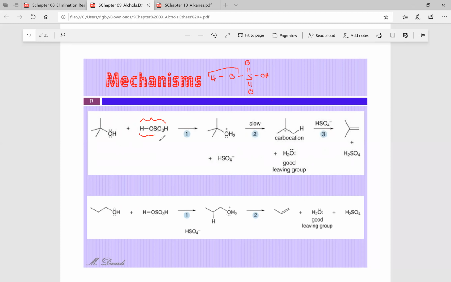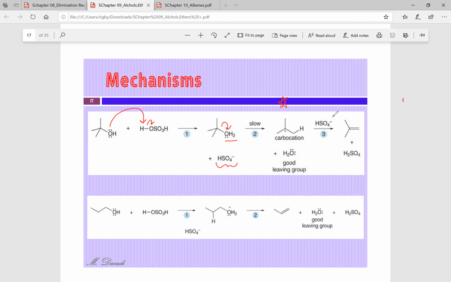So the whole mechanism of this is, first the OH grabs the hydrogen from the acid, because again, acids really want to give away their hydrogens, and we're left with a negatively charged acid and a really good leaving group on our alkyl group. So then we have that leaving group leave, and we make a carbocation. Again, notice we're making a carbocation so we can undergo rearrangement.